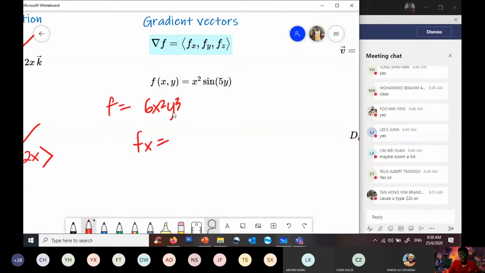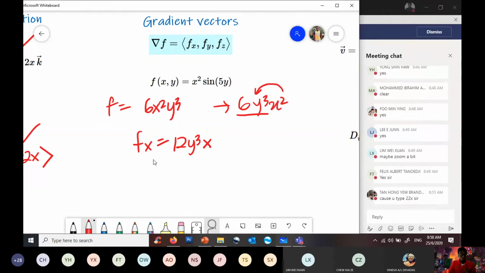Imagine your y cubed and 6 are just constants. You can even rewrite them like this, because the whole front part is just a constant, it doesn't even matter. So what do you get if you differentiate a constant times x squared? The 2, you push it in front, multiply with this, and then the power of x reduces by 1, isn't it? So that's how you differentiate it. Just treat your y as a constant.